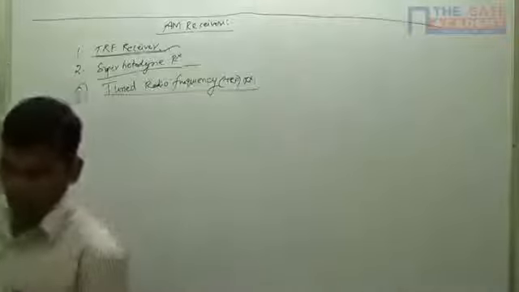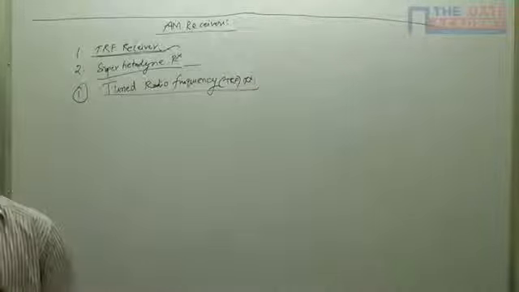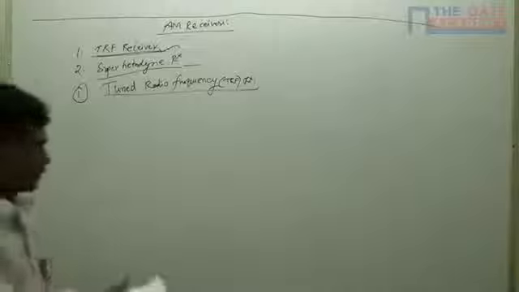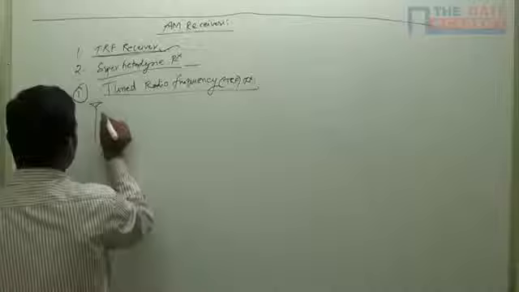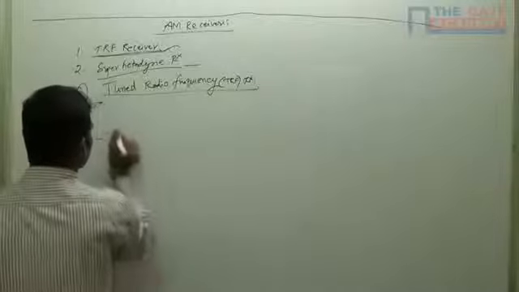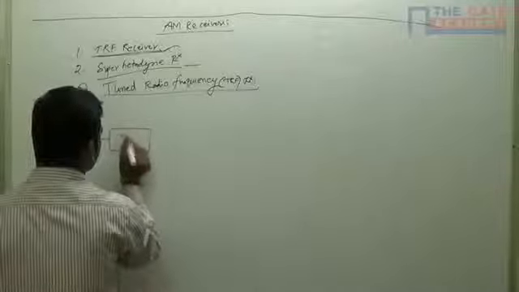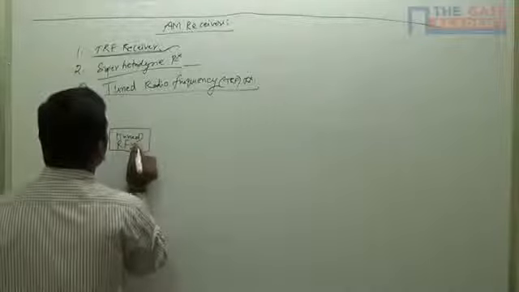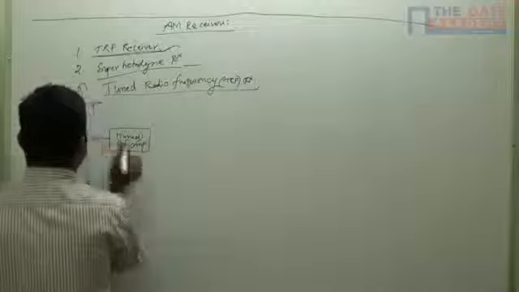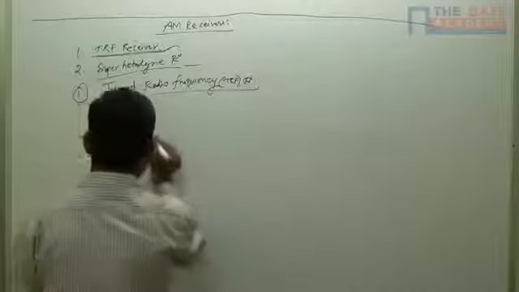Okay, so the block diagram of this one: the first one is the RF amplifier as usual. So this is nothing but a tuned circuit, I am writing it as an RF amplifier. Next is a demodulator.